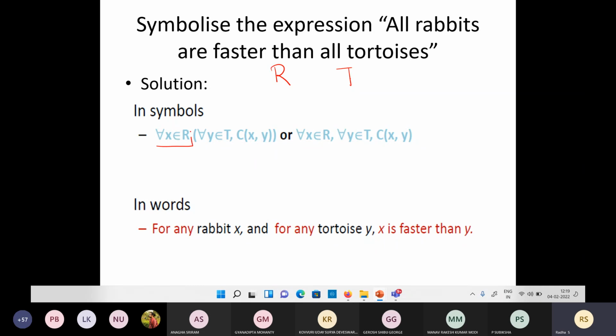So for all x in R and for all y in T, C of x comma y denotes x is faster than y. So for all x, for all y, C of x comma y means all rabbits are faster than all tortoises. Instead of mentioning the universe separately, they have written for all x belongs to R and for all y belongs to T.